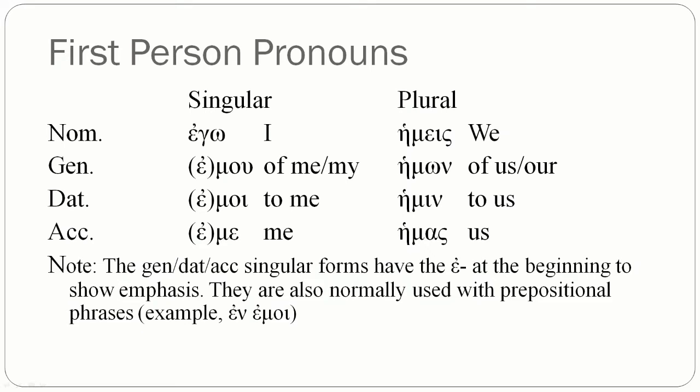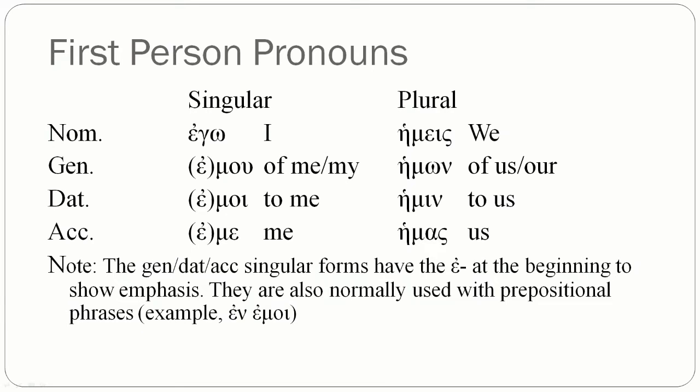All right, now with the genitive, dative, and accusative, notice that here it has this epsilon at the beginning in parentheses. Similar to the movable nu that you have in some verb forms at the end, this epsilon at the beginning will sometimes appear and sometimes you'll have it without it.